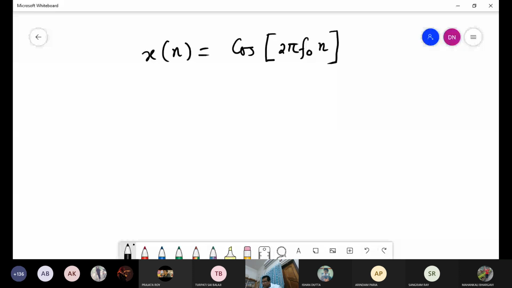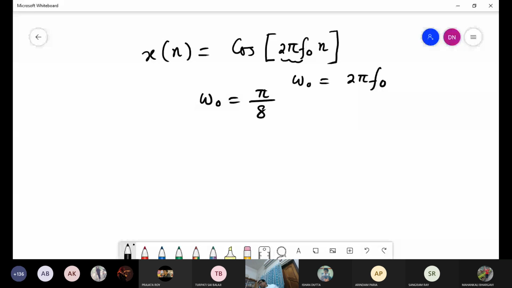So for different values of n, you can find this. Suppose let us take this, here this is actually omega 0. Omega 0 means twice pi f0. Let us first take omega 0 is equal to pi by 8.